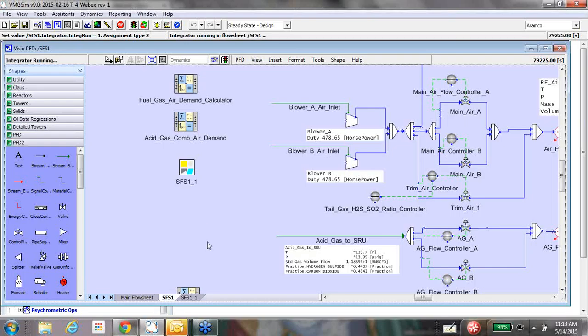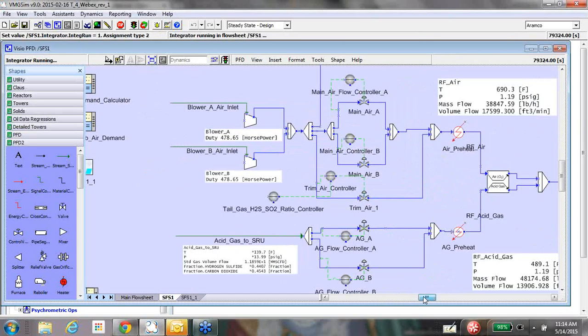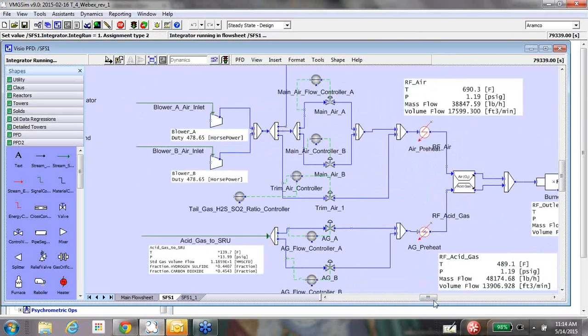Hello, everybody. I'm Dharmesh Patel from Sulfur Engineering. I'll give you a little bit of a heads up and overview about the case we have and what we presented at SOGAT. Here is a PFD of the model with the blowers, control valves, and controllers.